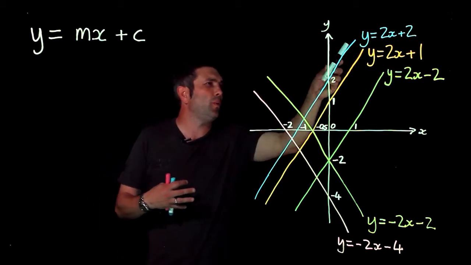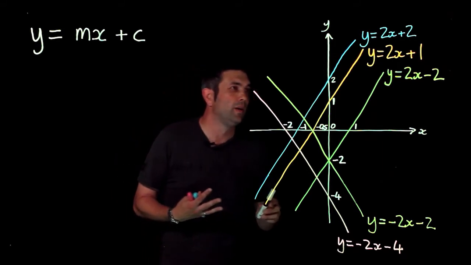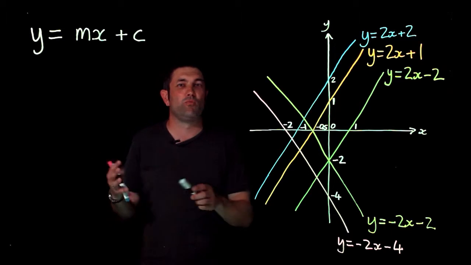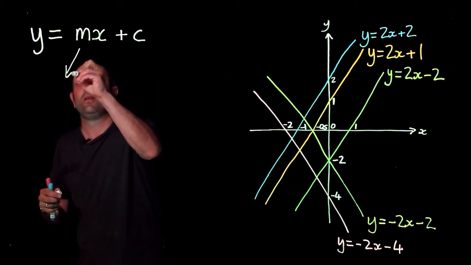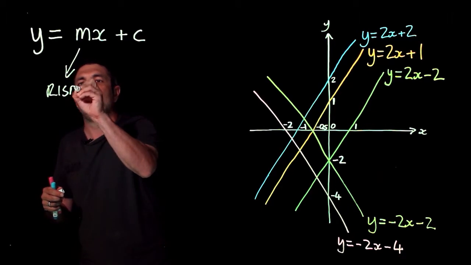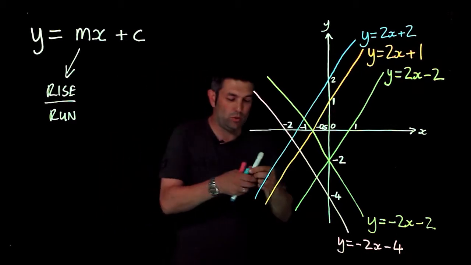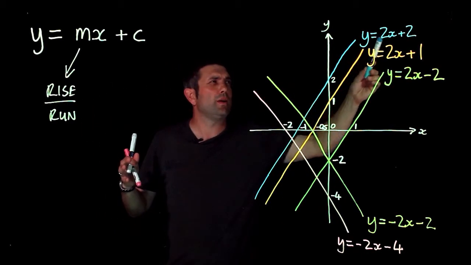And when we look at how steep a line is, in maths, we use the word gradient. So gradient, as you may have seen in a previous video, is done by the rise over the run. So this is going to be rise over run. And if I just look at the blue line, can I see if my rise over run agrees with this 2 here?